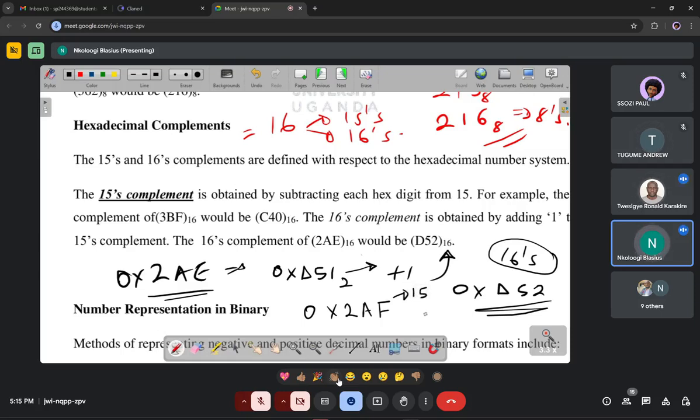And the step of adding a 1 would only require you, if you wanted to compute a 16's complement. So that means that you should have had a 15 somewhere, subtract the digit that was here for you to have gotten the 15. And in that very number you could not have a 16. You could not have a 16 in hexadecimal. So that is not possible and it cannot appear.